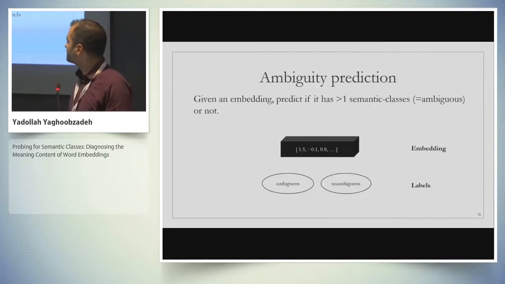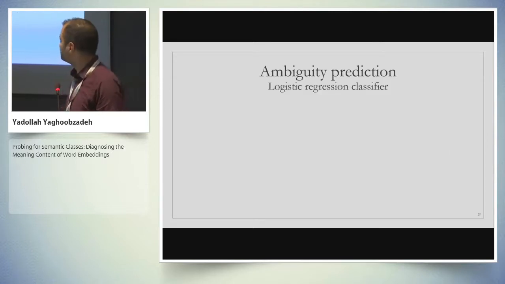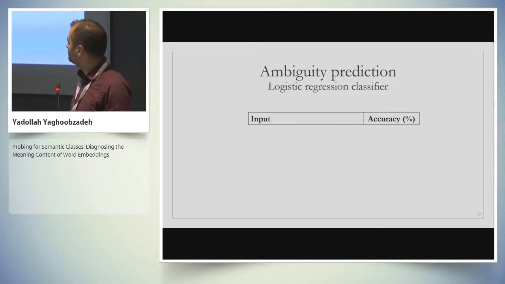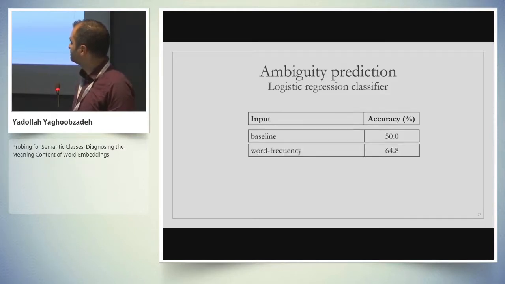The second probing task is ambiguity prediction. Just to remind you, we want to predict if an embedding is ambiguous or not. Here are the results for the logistic regression classifier. The random baseline is 50%. If we use word frequency, we get around 64.8% accuracy.